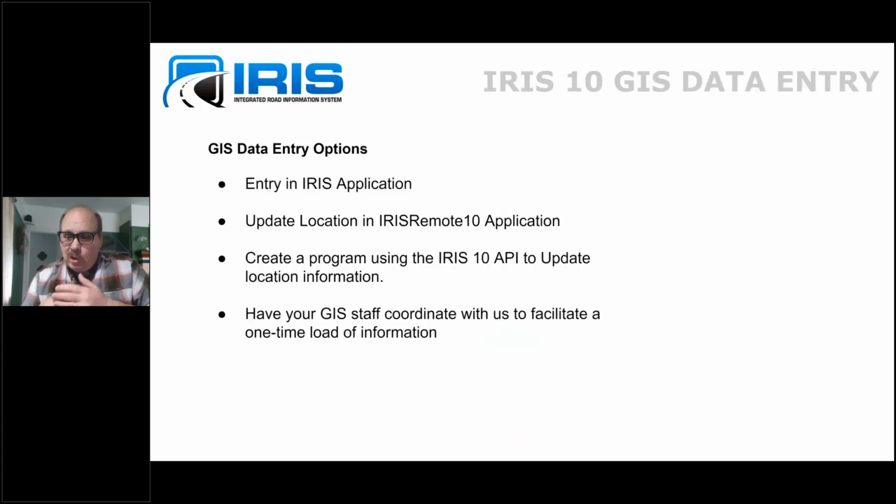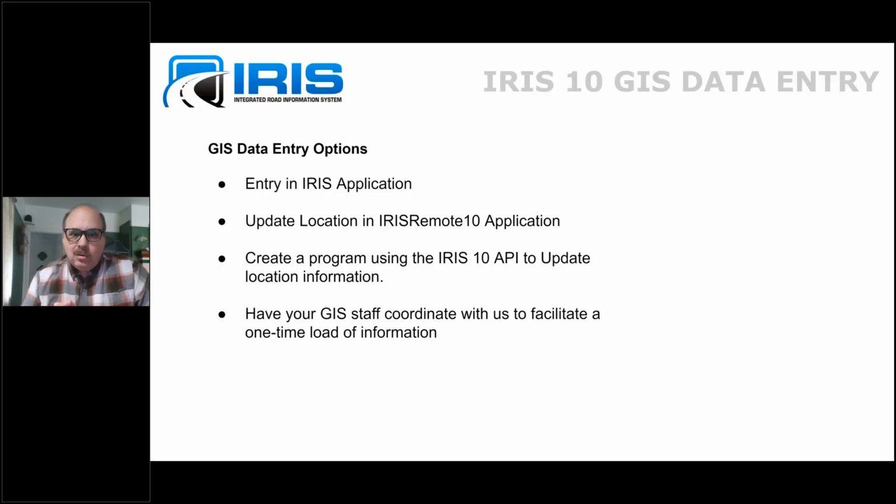Now, it's all well and fine to be able to visualize data and visualize the GIS data, but how do you get the GIS data into the system? Currently, we have about 4 different methods that we are trying to provide you the option to get that information in. You can enter that information in the IRIS application, IRIS-9 or IRIS-10.